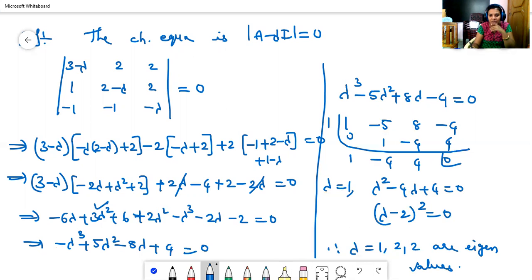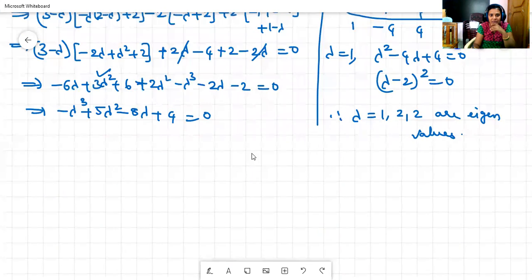These are eigenvalues. Next, we can find out the eigenvectors.